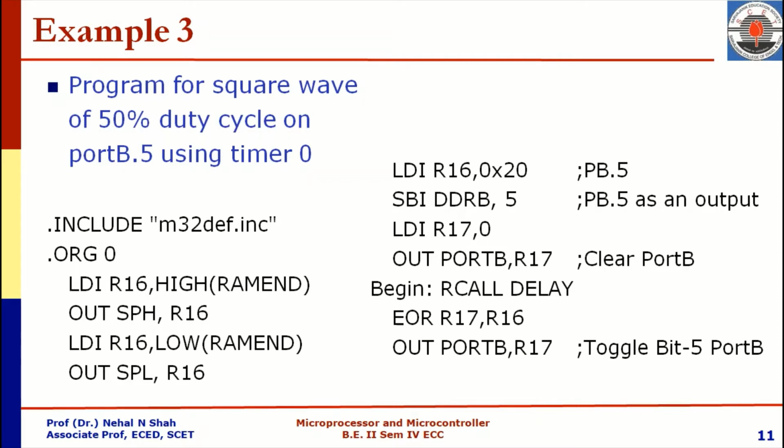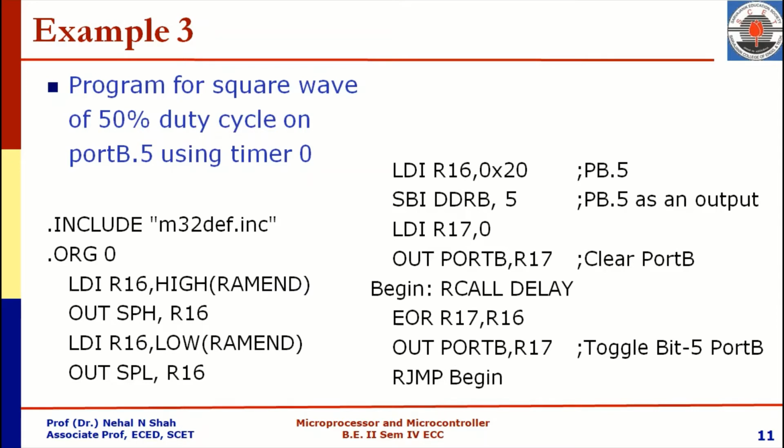After execution of this XOR instruction for first time, bit 5 will become 1. Using OUT PORTB, R17 instruction, bit 5 of port B will be set now. And the same process will be repeated using RJMP instruction.